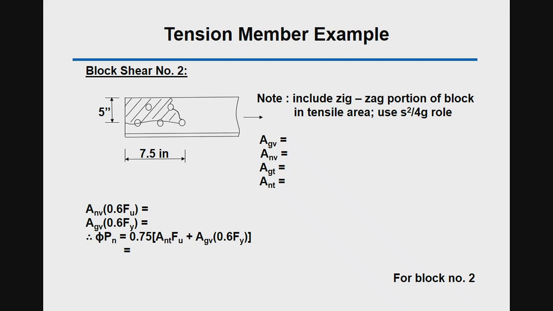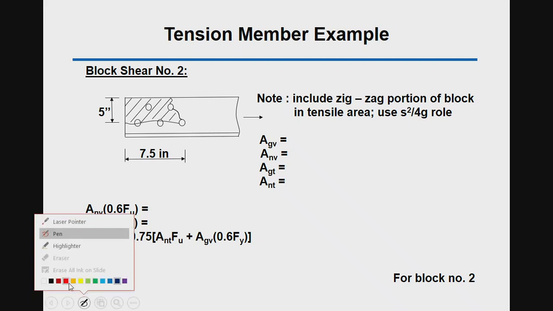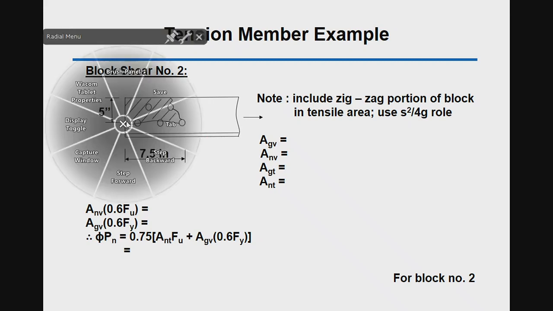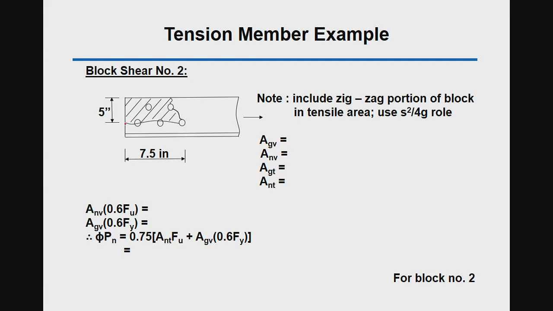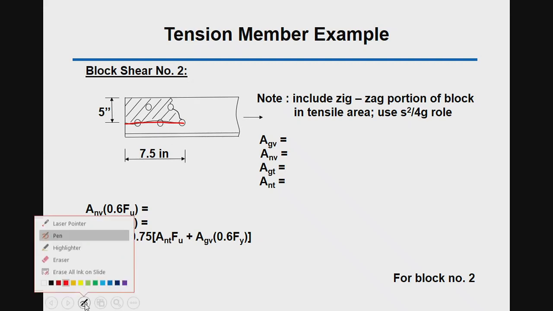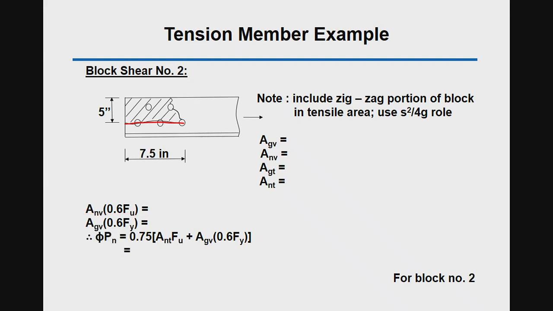So AGV is the same as we calculated before, still based on the shear path, so that's still 7.5 inches times 0.5 inches equals 3.75 square inches.